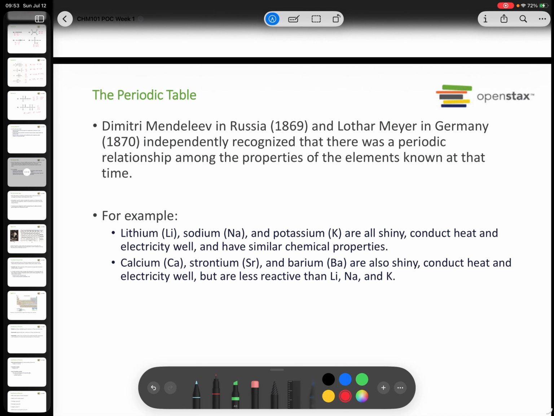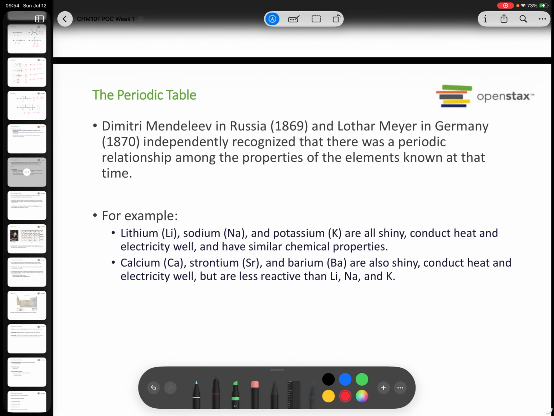So Dmitri Mendeleev, no, and Lothar Meyer independently recognized that element properties show periodic patterns. Okay? So for example, lithium, sodium, potassium are all shiny daw. Conduct heat and electricity.